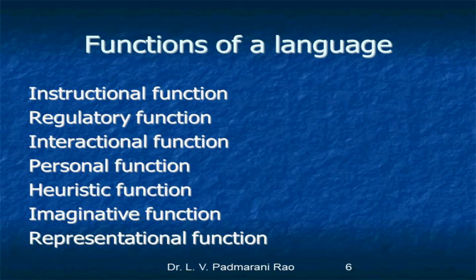By heuristic function, we mean using language, we learn new things and discover unknown things. Number six, imaginative function. By imaginative function, we mean using language, we can create the world of imagination as poets do. Number seven, representational function. By using language, we can communicate information and represent things as they are.